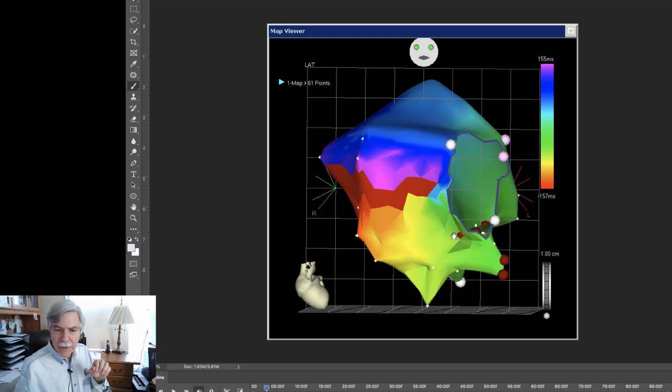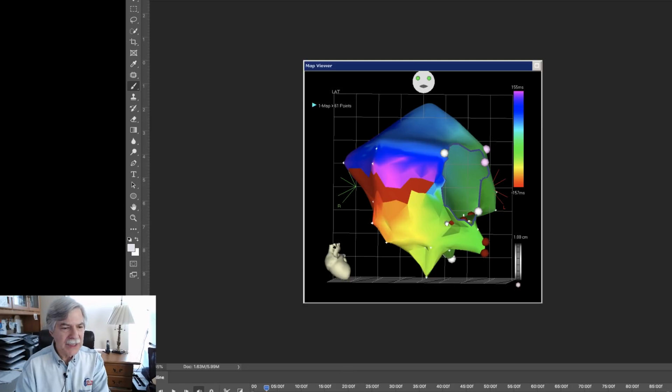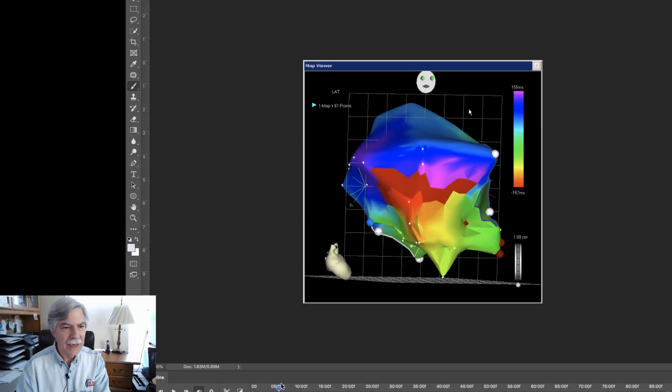And let me add another drawing group. So you've got the right ventricle, which is going to be down here. You've got your tricuspid annulus. This is the representation of the right atrium. And down here is where the inferior vena cava is going to be.